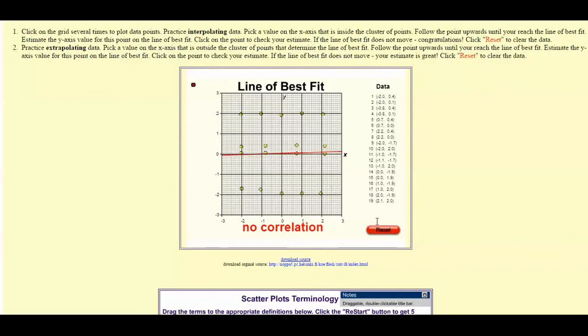It's still just no correlation. For example, my main point is, even if the dots are really close to the line like they are here, it would still just be no correlation, because the dots aren't rising or falling from left to right. You wouldn't say that it's a strong no correlation, because there's no such thing as a strong no correlation.